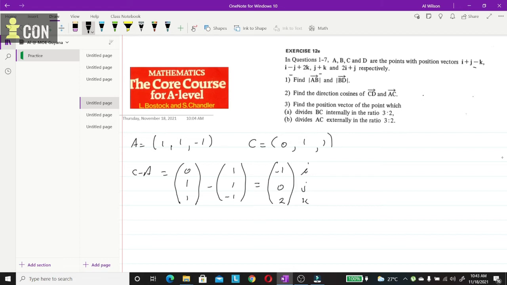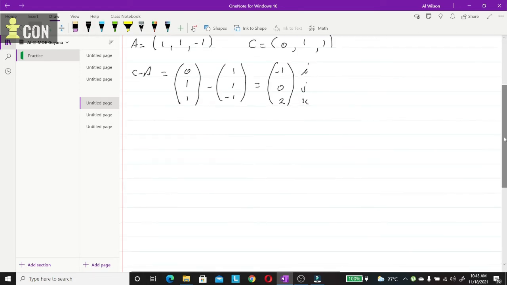So again, we write out the cosines next. Another way you could see it is alpha, beta, and gamma as well, but I'm going to stick with what I've started with. We have the cosine of the angle I is going to be equal to minus 1 over root 5 times root 5 over root 5, which is going to be equal to minus root 5 over 5.